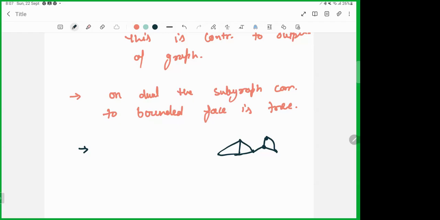But the second point is not correct, because this can happen where this is connected by some edge to some other vertex, and there is another bounded region connected to that vertex, right?